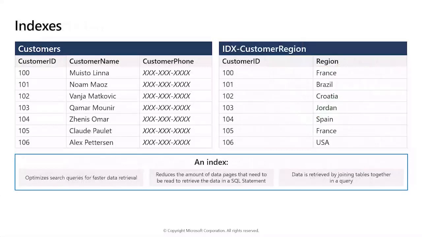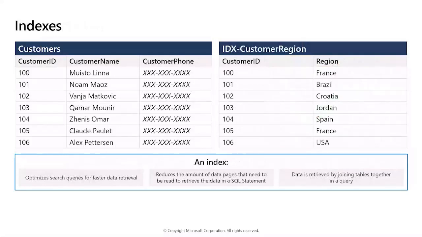And so when a user runs a query that specifies this column in, say, the WHERE clause, the database management system can then use this index to fetch the data much more quickly instead of having to scan through all the tables in the entire database row by row to find out that information.